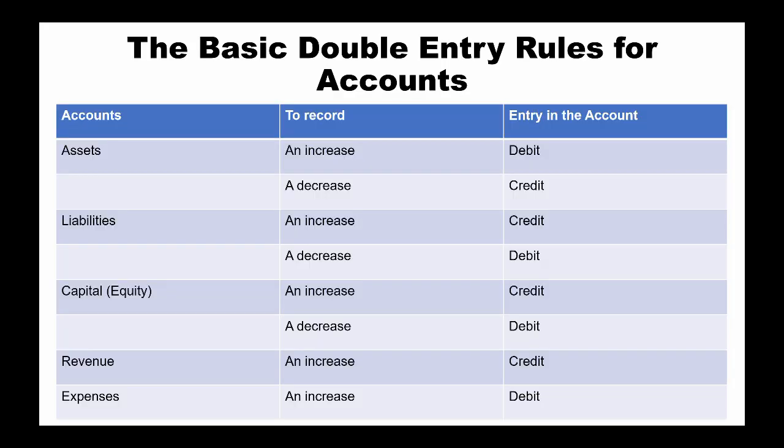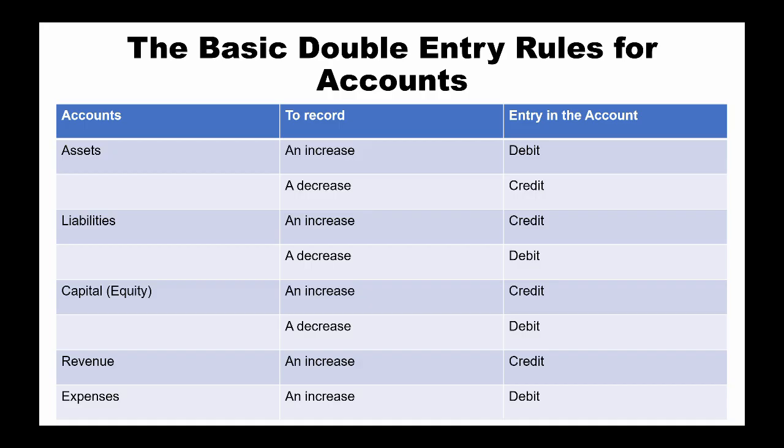So let's look at the basic double entry rules for accounts. You have the accounts, what to record, and the entry in the account. For an asset, an increase, we debit; a decrease, we credit. For liabilities, an increase, we credit; a decrease, we debit.